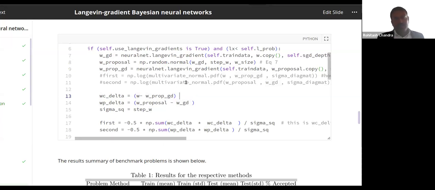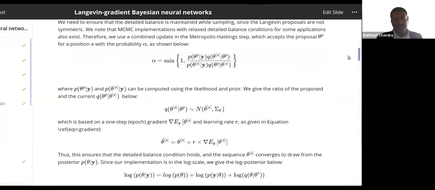We draw from the multivariate distribution because, to get the likelihood and the Q ratio, we need to put them into a multivariate normal distribution, where the first is the top, the proposal, and the second is the bottom, the current.